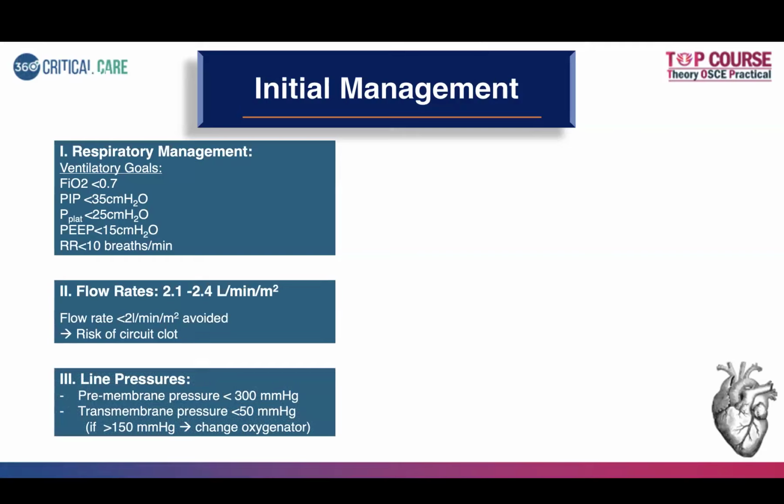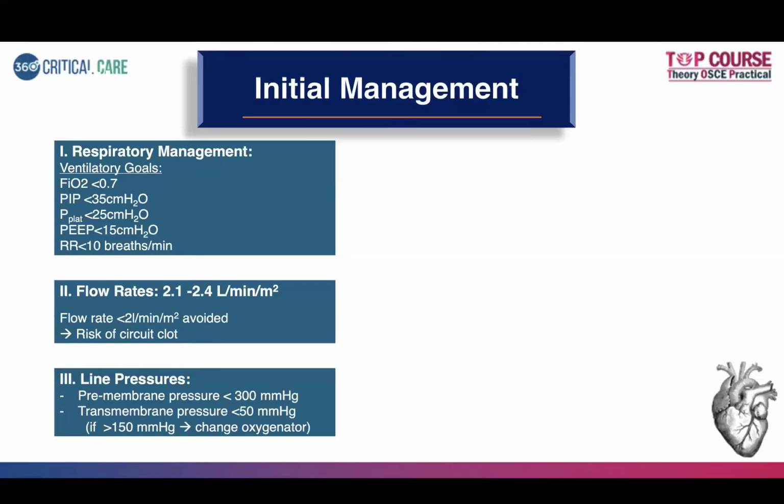Next, coming to the line pressures, the pre-membrane pressure has to be less than 300 and the transmembrane pressure, that is the difference between the pre and the post-membrane pressure, should be less than 50. This is at the level of the artificial lung. If it is more than 150 millimeters of mercury, then it's a high indication that you need to change the oxygenator.